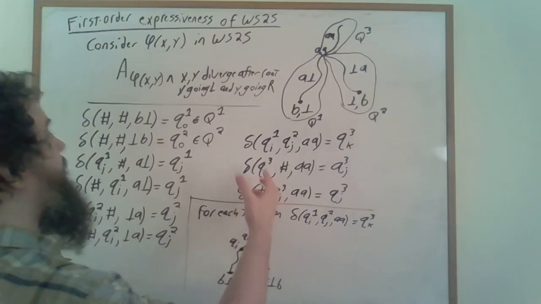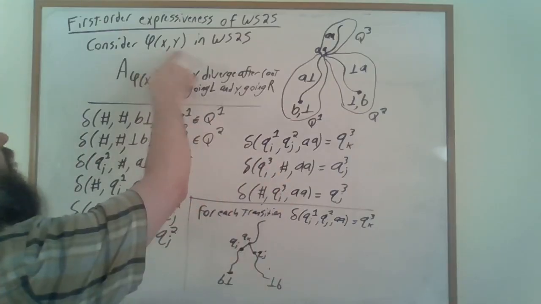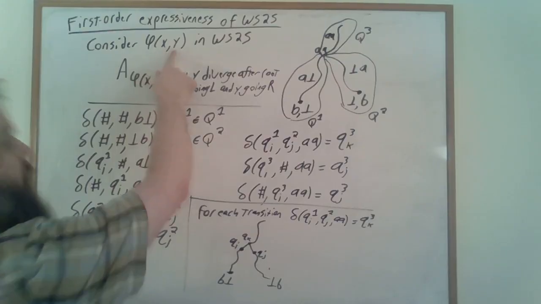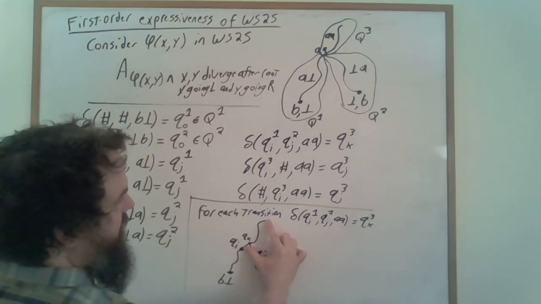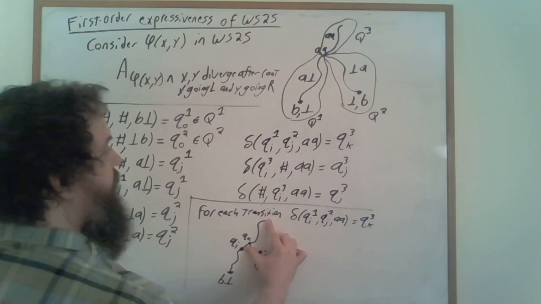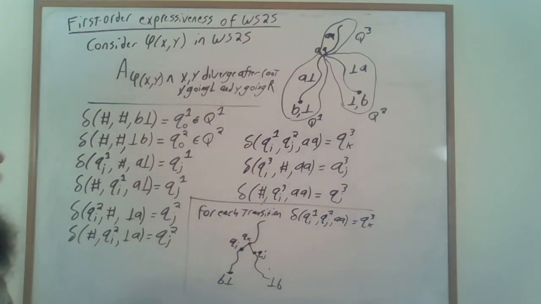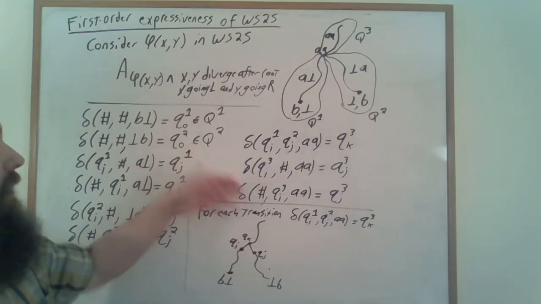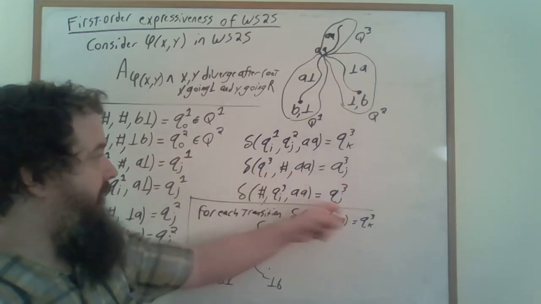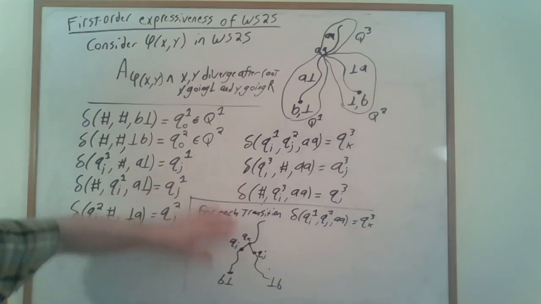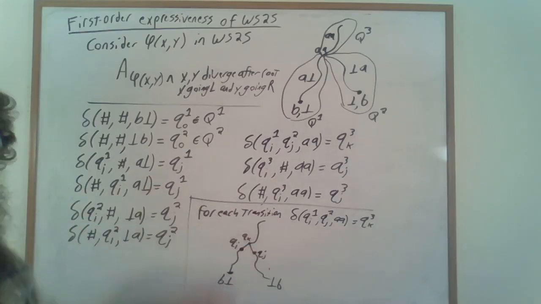It's reading the L's and R's of our words, X and Y, or rather, this bit is the common prefix of X and Y. So it's reading the L's and R's of the common prefix of X and Y, and using that to transition from state to state. And just like before, this automaton is reading this common prefix backwards, but that's okay. The reversal of a regular language is still regular.